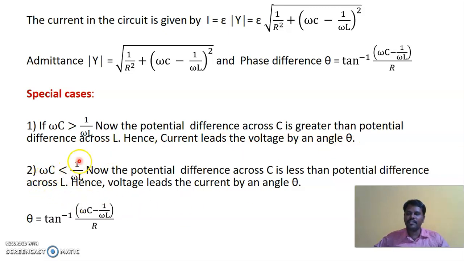If omega C is less than 1 over omega L, then the potential difference across C is less than the potential difference across L, hence voltage leads the current by an angle theta. It is given by theta is equal to tan inverse of omega C minus 1 over omega L over R.